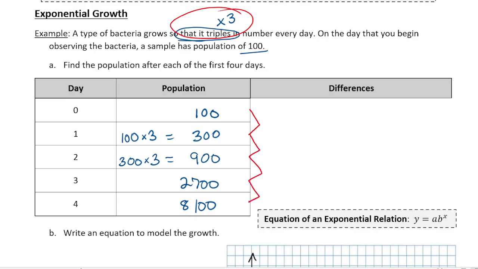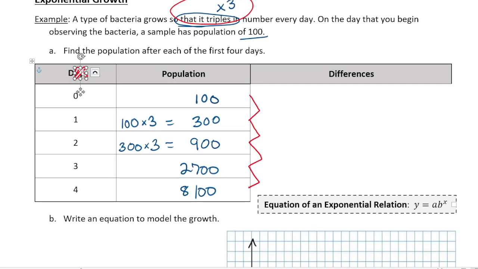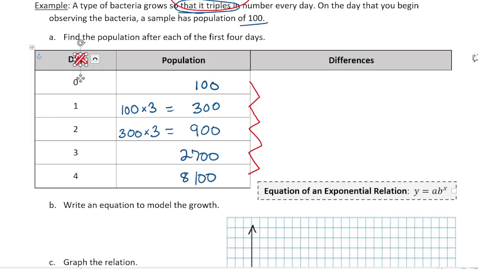Because like always, this is our X column. There's our X column, our Y column. And then our first differences are differences in the Y values.